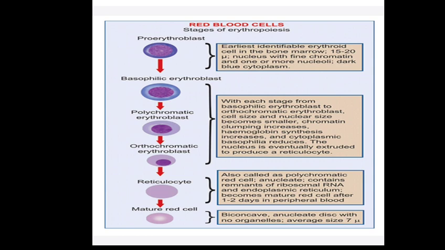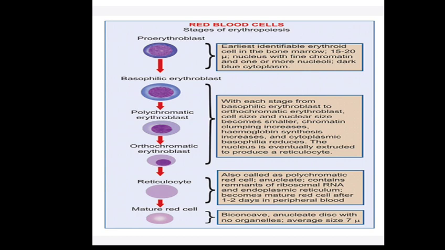It contains remains of ribosomal RNA and endoplasmic reticulum, and becomes a mature red blood cell after 1 to 2 days in peripheral blood.